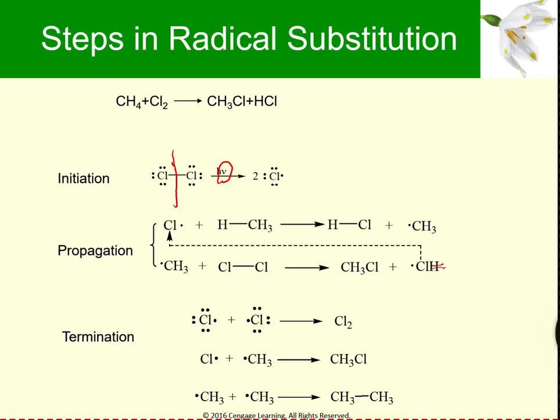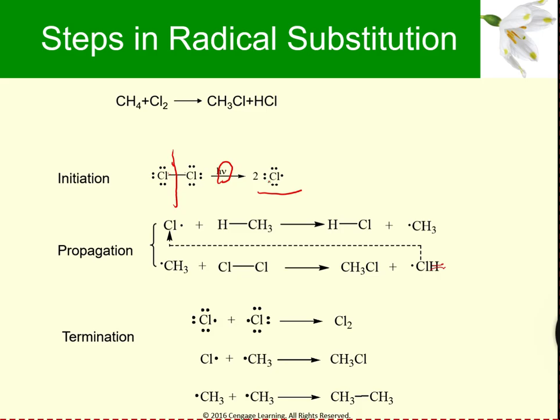That means the two electrons here will be symmetrically cleaved, so it will generate a chlorine radical like this, and here is one unpaired electron. The energy of this chlorine radical is relatively high. It's higher than chlorine molecules because these radical molecules absorbed the energy from the light.